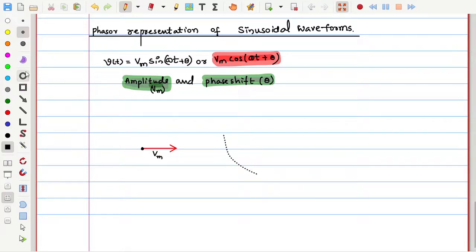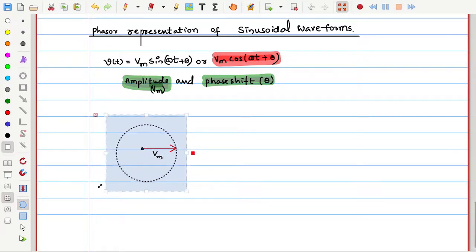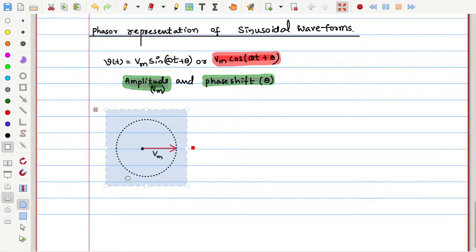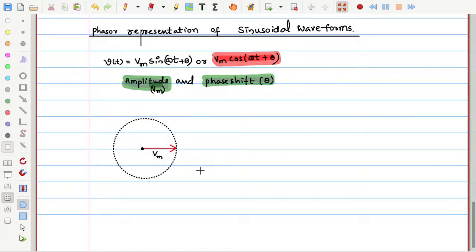Sorry, bear with me. What I want to show here is that this arrow is rotating in some direction along this dotted line path.